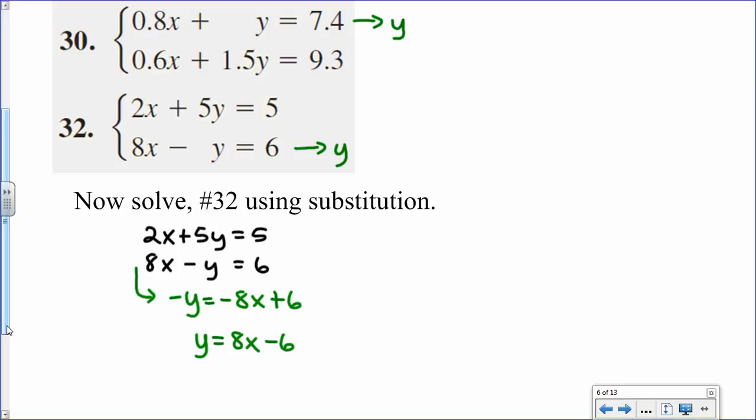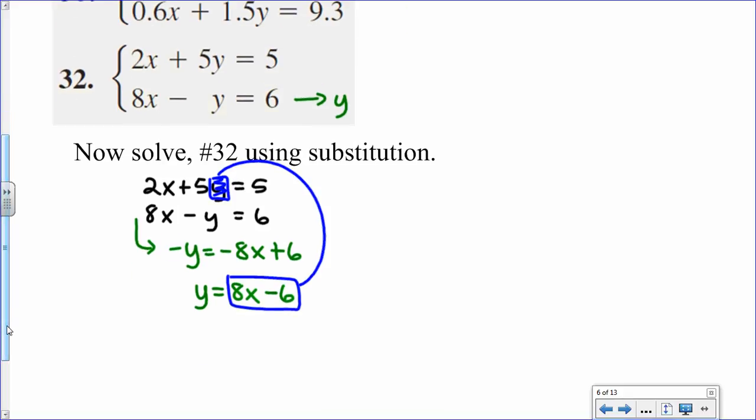So I want to plug 8x minus 6 into the top equation. And Jacob, what variable will I plug that into? The y. Good. Okay. So instead of y, I'm writing 8x minus 6. So that's 2x plus 5 parentheses 8x minus 6 equals 5.